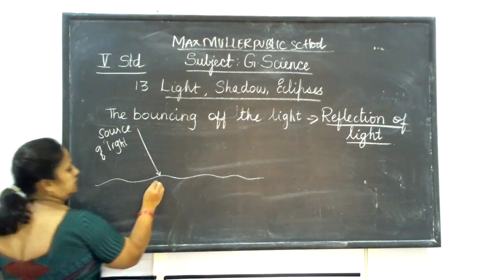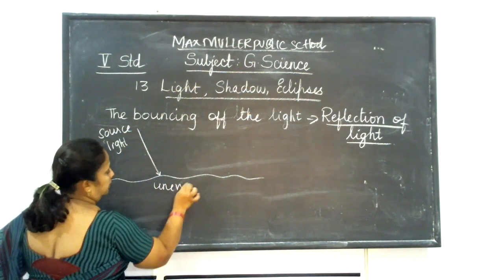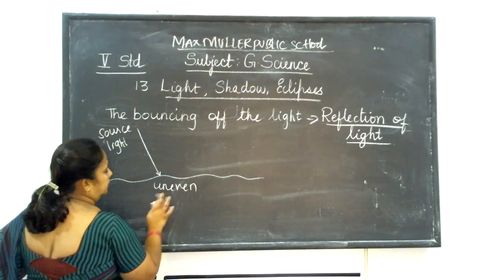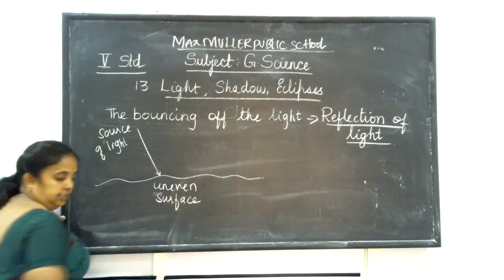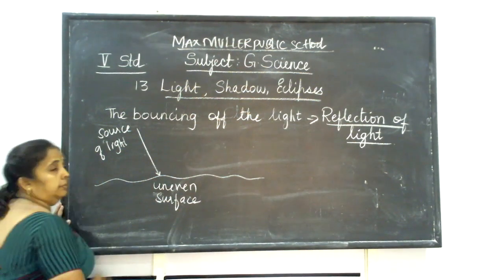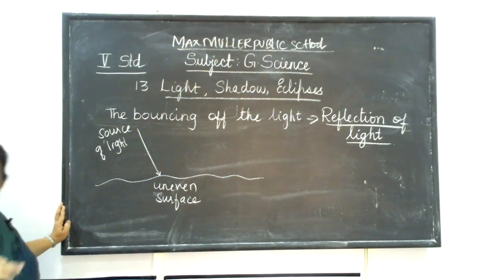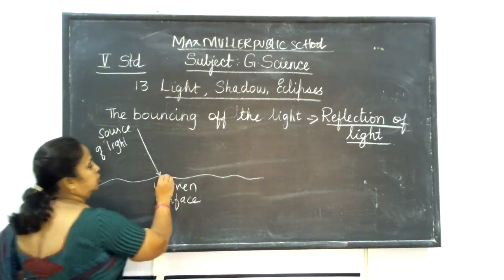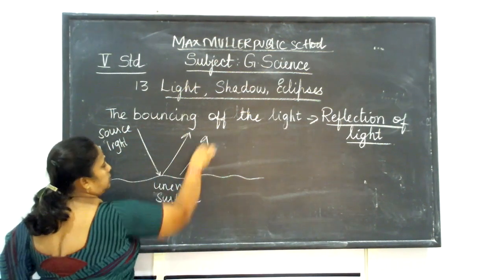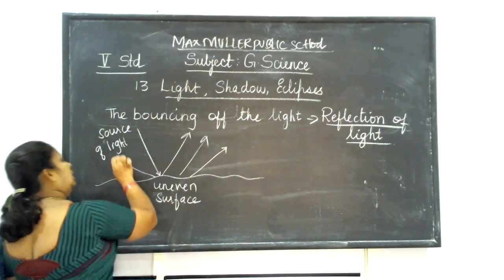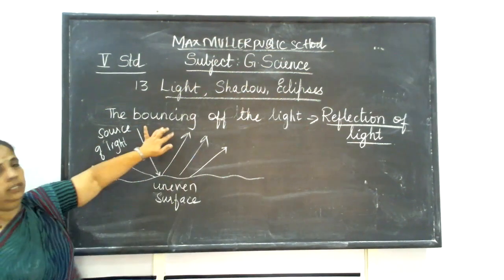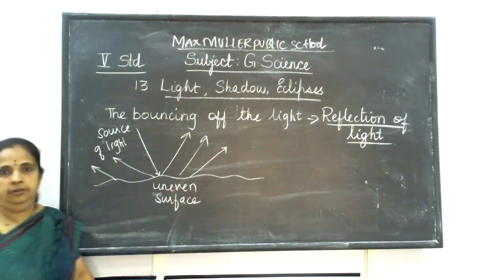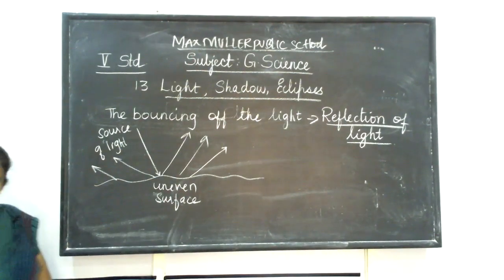When light falls on this uneven or rough surface, it is going to scatter in all directions because there is no level. Then the image formed will not be proper or clear.